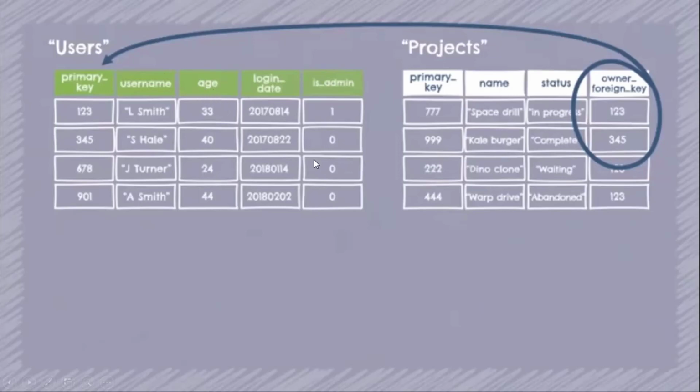And sometimes you might have different tables for different objects, because if you have a specific schema for a table, that means each table can take a specific type of object. So for example, in users, objects can only have a primary key, a username key, an age key, a login date key, and an is admin key. So an object in the users table can't have other keys.